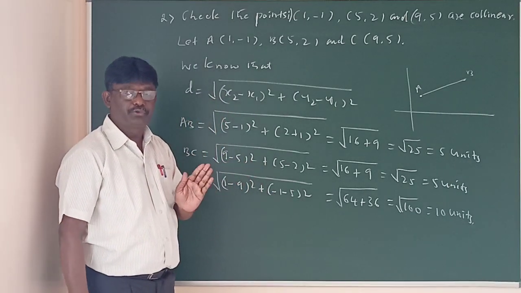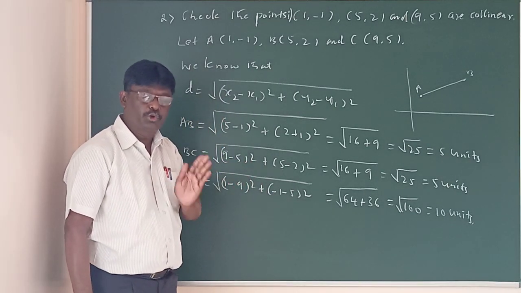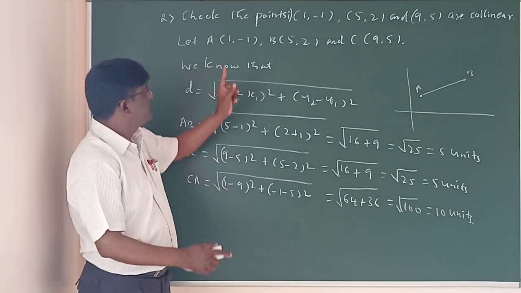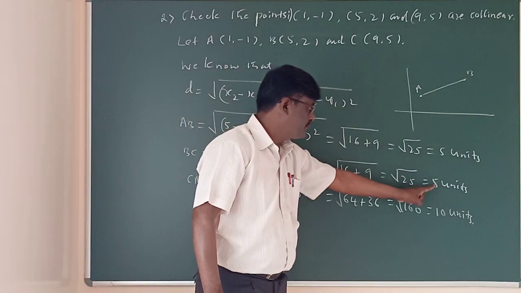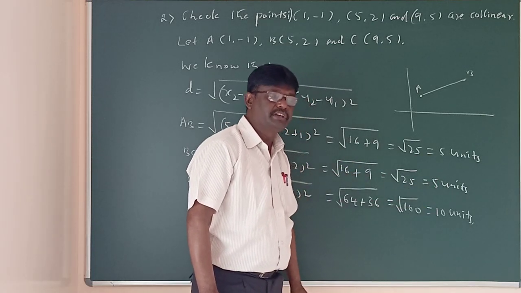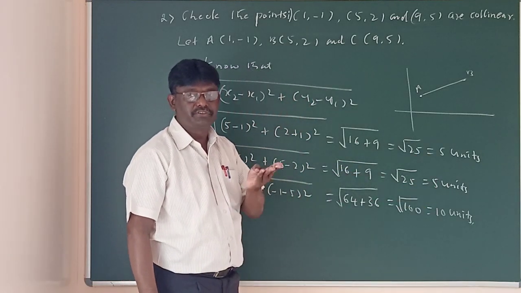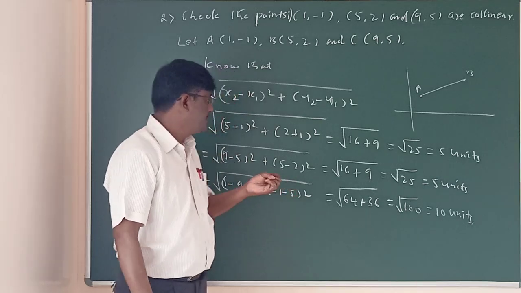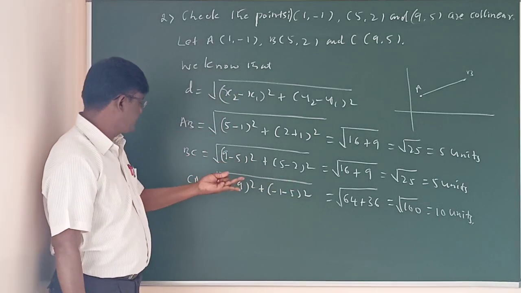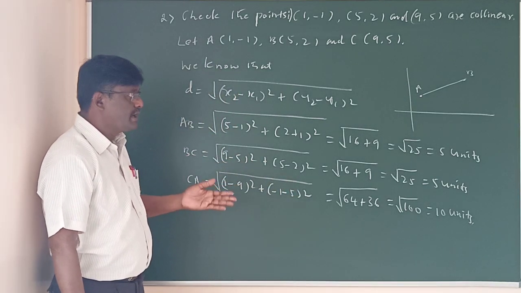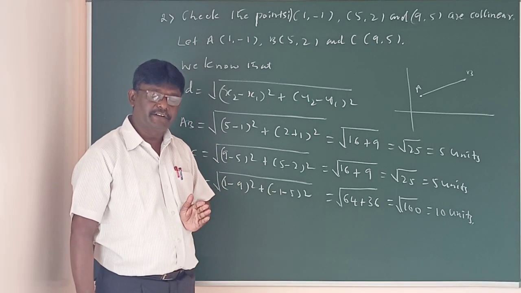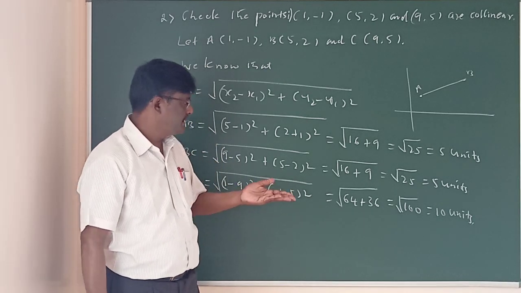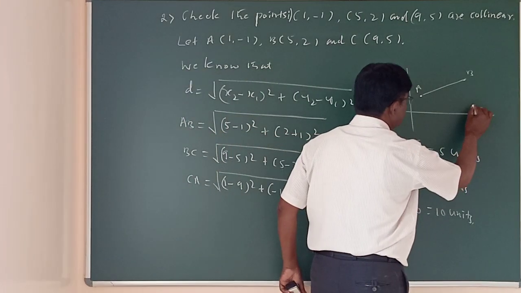Now we have to conclude whether these points are collinear or not by studying these values. You think like this. You are given 3 segments, AB is 5, BC is 5, CA is 10, and you are asked to construct a triangle. Is it possible? Okay, let us try.